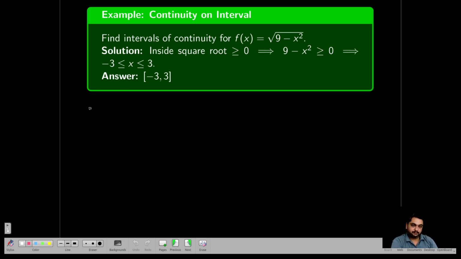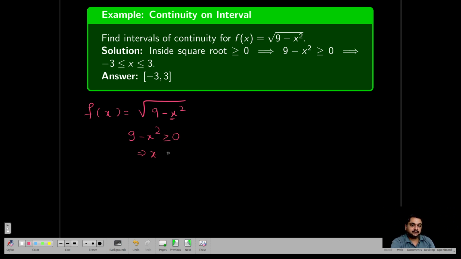One more example. Let us say f of x is equal to square root of 9 minus x square. For this to be defined, we should not get a complex number, because the square root of a negative number is a complex number. So for what value of x is this valid? 9 minus x square should be greater than or equal to 0.